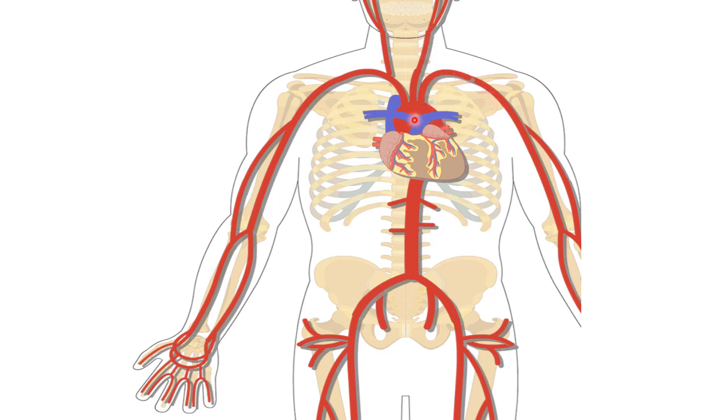On the left side, the subclavian artery arises directly from the aortic arch, while on the right side the subclavian artery arises from the brachiocephalic trunk. This brachiocephalic trunk divides, or bifurcates, into the right subclavian artery and the right common carotid artery, and then the course continues as we have already said.